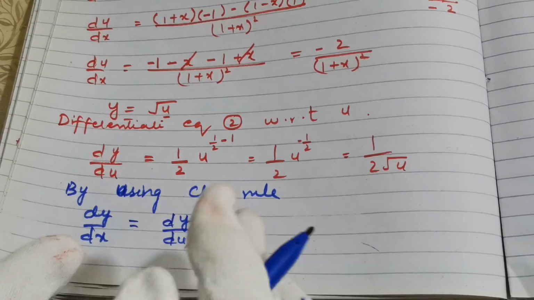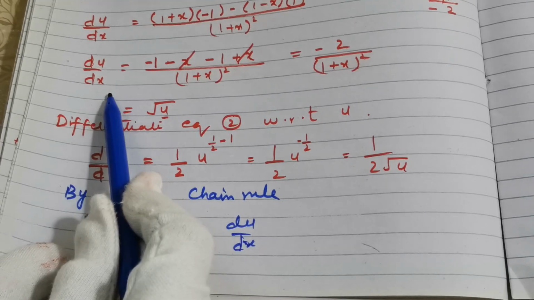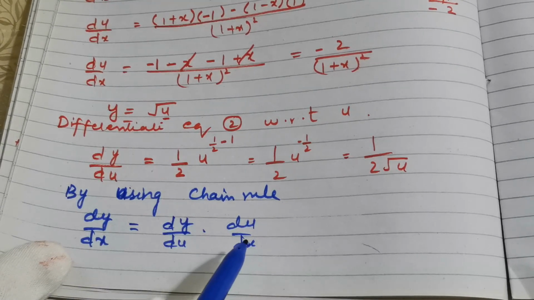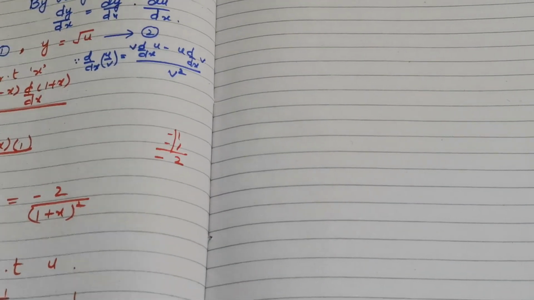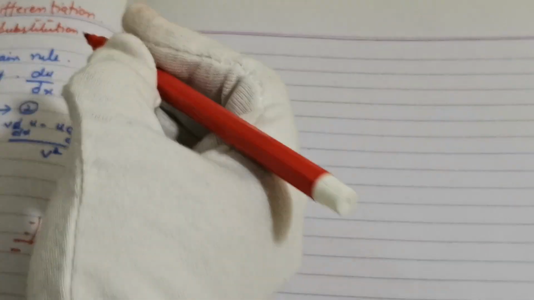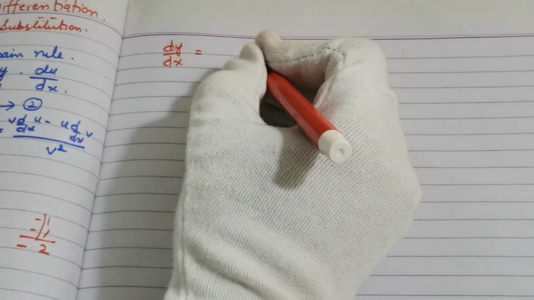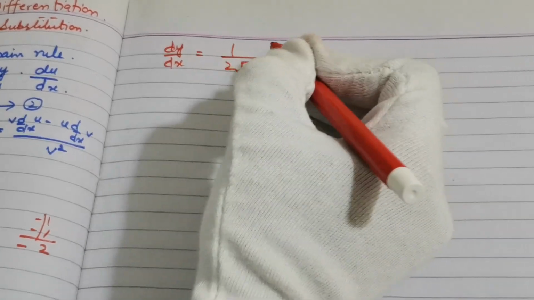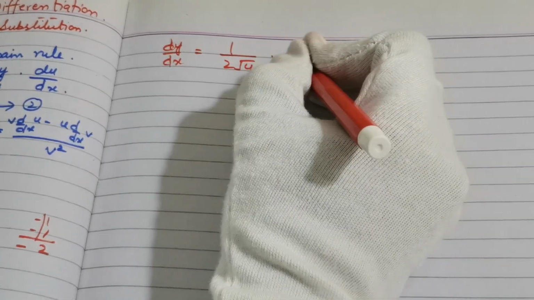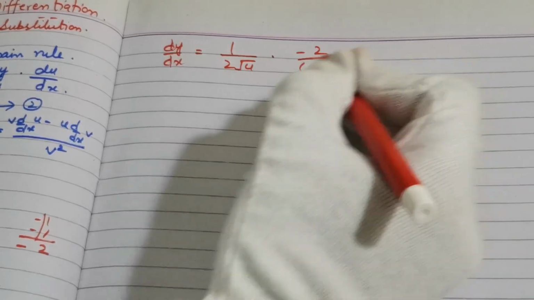Now we have found the values of dy by du and du by dx. Both of these two values we will substitute here. So our dy by dx will become, the value of dy by du is 1 by 2 under root u, times du by dx, which is minus 2 by (1 plus x) whole square.